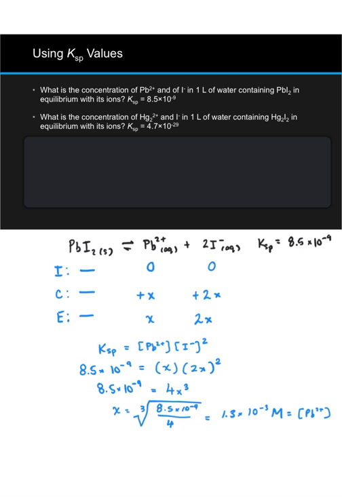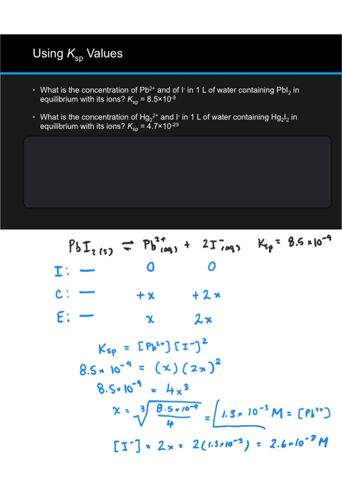The concentration of iodide is worth 2x. The I- concentration is equal to 2x, which is 2 times 1.3 times 10 to the minus 3, or 2.6 times 10 to the minus 3 molar.